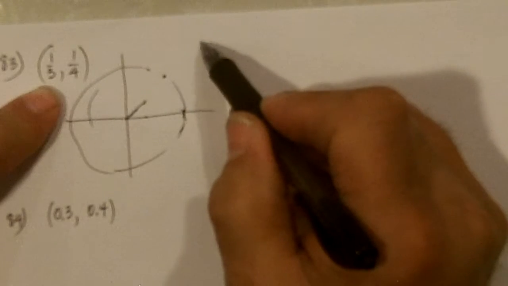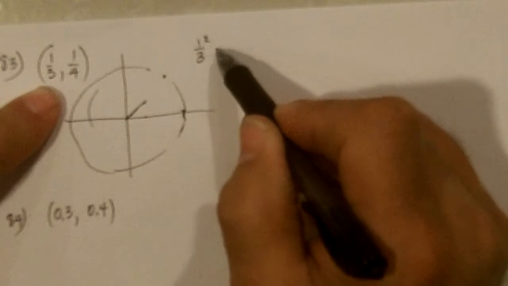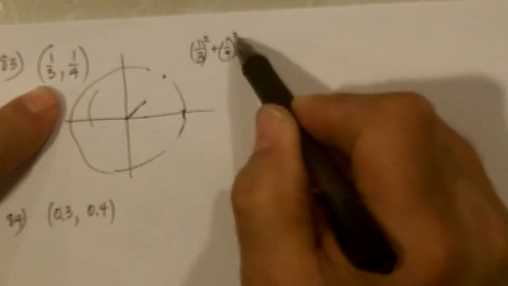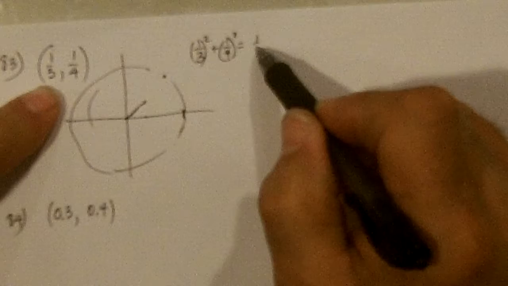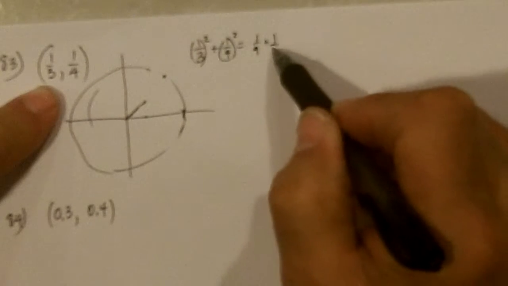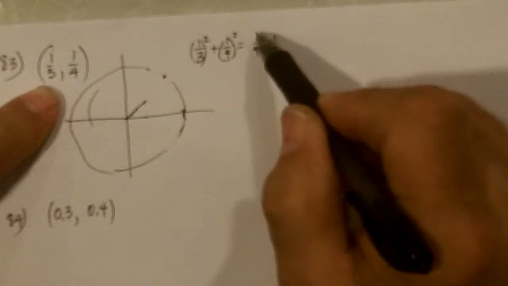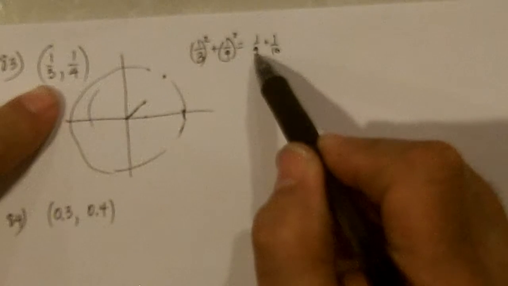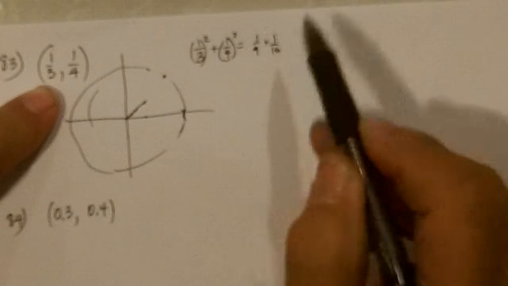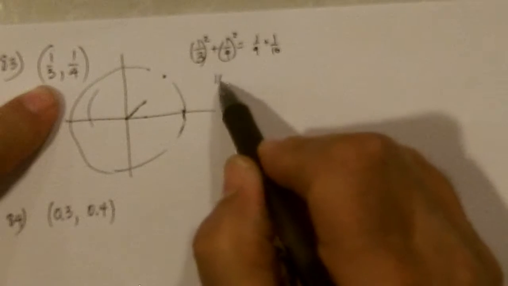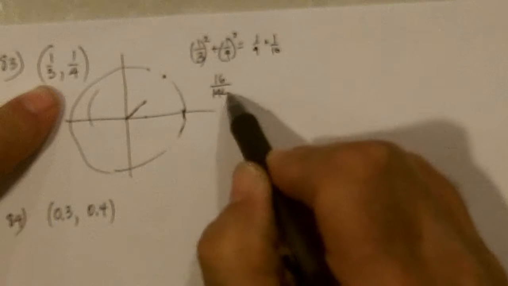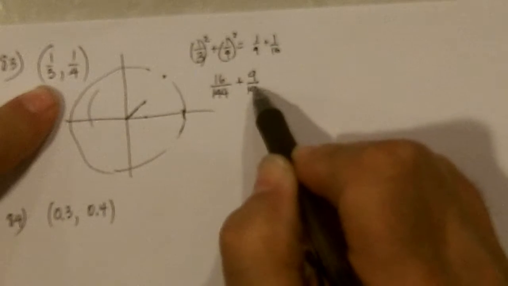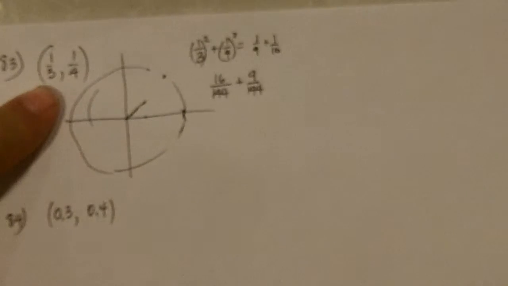So I'm going to take 1/3 squared plus 1/4 squared, so that's 1/9 plus 1/16, and then I'll have to get a common denominator, so I'm going to multiply the first one by 16 over 16 and the other one by 9 over 9, and I'll get 16 over 144 plus 9 over 144, because 16 times 9 is 144.